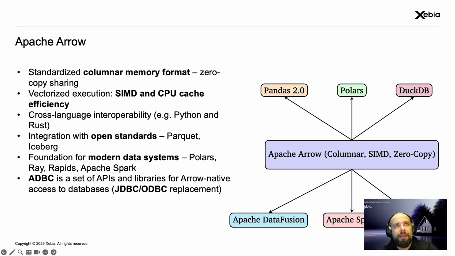This acronym might sound similar to you because indeed it's a replacement for the JDBC and ODBC protocols, but it uses Arrow, so it is a columnar and standardized way of sharing data between your compute engine and your consumption layer.